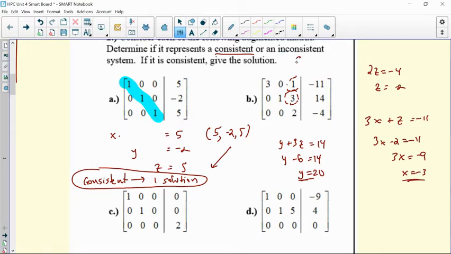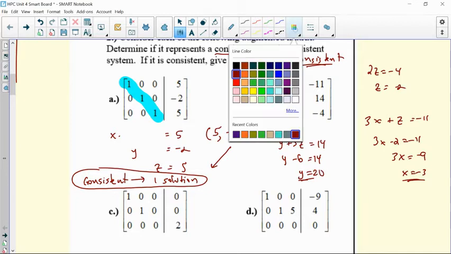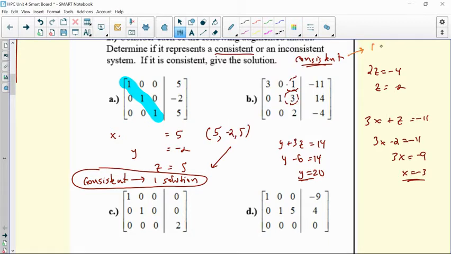It is consistent, and it has exactly one unique solution, where x was -3, y was 20, and z was -2. So maybe I'll write that down as well. So it's consistent. There's one solution, and we get -3, 20, -2 as that unique solution.